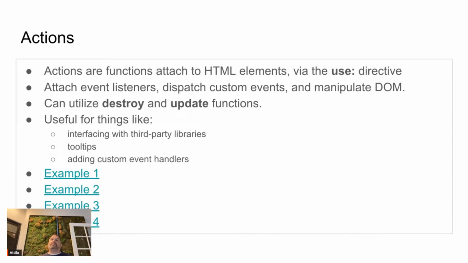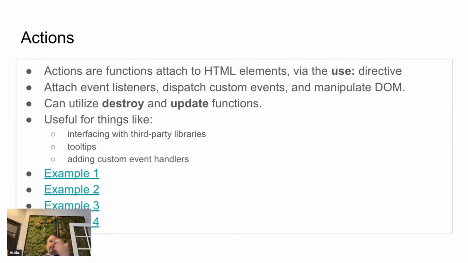Actions basically can do any sort of DOM manipulation. So it can add event listeners. It can dispatch custom events. You can also do DOM manipulation. And then there's an optional return value where you can specify both an update and destroy function. So for example, if you're adding a bunch of event listeners, you probably want to destroy those, because if you don't, that's going to create memory leaks. That has nothing to do with Svelte.